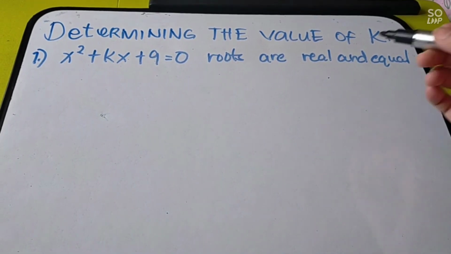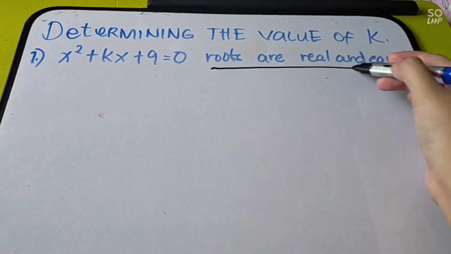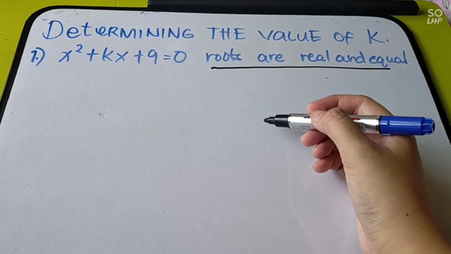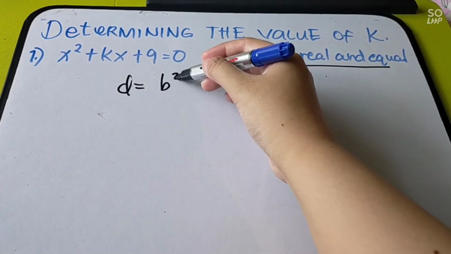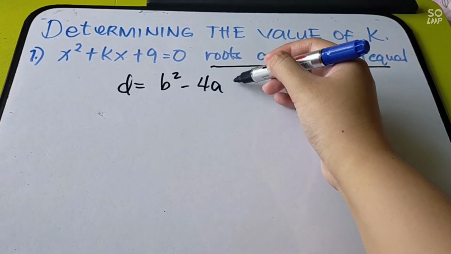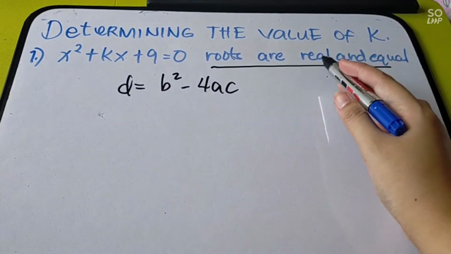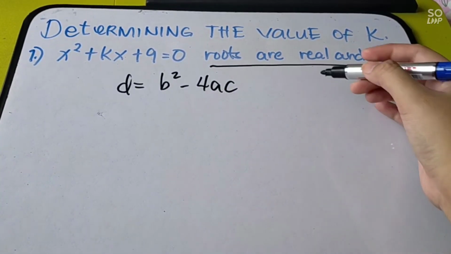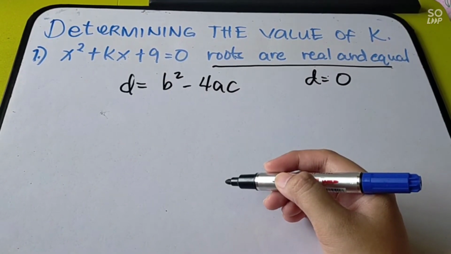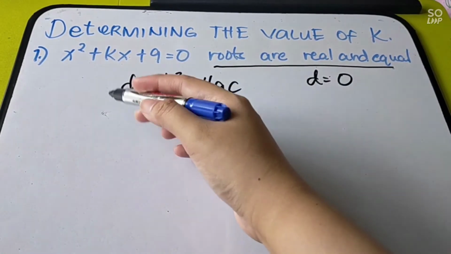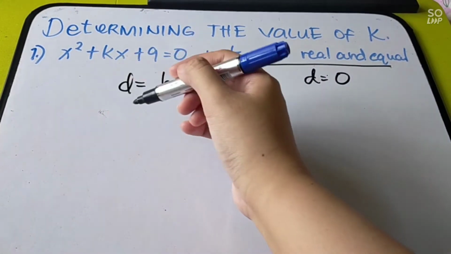Diba? So, kapag ganito ang ating given, obviously, ang gagamitin natin ay si discriminant. So, si discriminant natin is d is equals to b squared minus 4ac. Since real and equal daw yung roots natin, therefore, d must be equal to 0. Alright? Then, let us find your a, b, and c to your given.